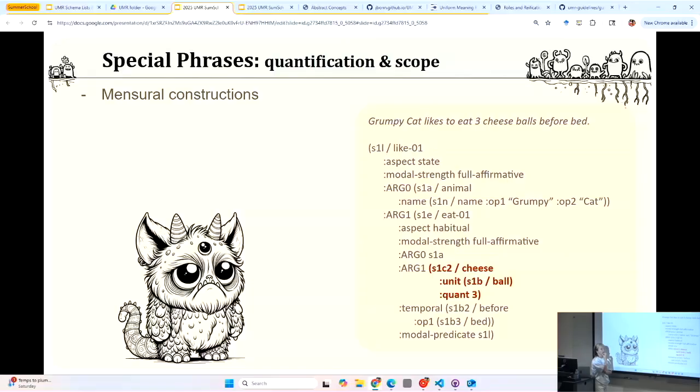You've got a unit and a quantity, but you'll actually put the thing that is in that unit as a head node. You'll put the unit of the ball of cheese, like this. There are cases where you don't have this and all you have is the unit. They get a little weird. Let's not talk about that.